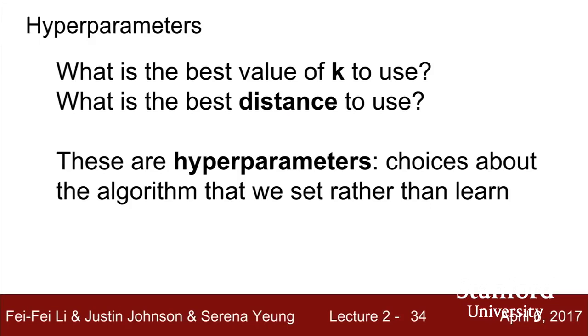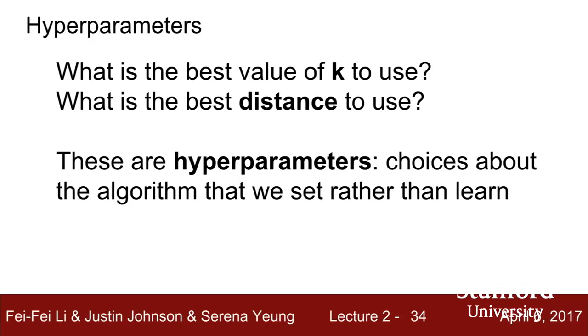OK, so then the question is, once you're actually trying to use this algorithm in practice, there are several choices you need to make. We talked about choosing different values of k. We talked about choosing different distance metrics. And the question becomes, how do you actually make these choices for your problem and for your data? These choices of things like k and the distance metric, we call hyperparameters, because they are not necessarily learned from the training data.